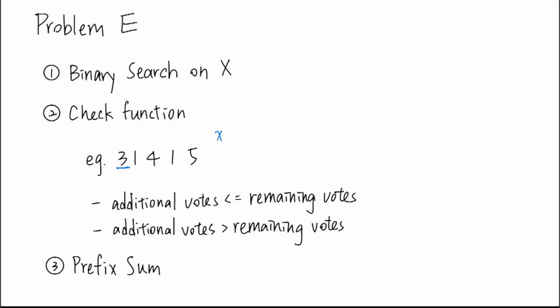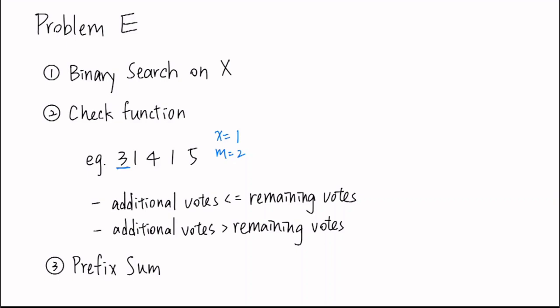If x is equal to 1, and in this case m is equal to 2, we would need to check if an increase of 1 is enough for candidate 1 to win. So we would need to count the additional votes that are needed for m candidates to have votes greater than candidate 1.